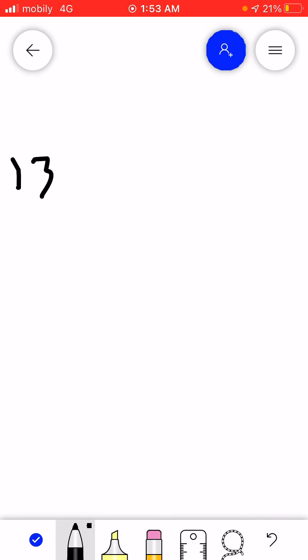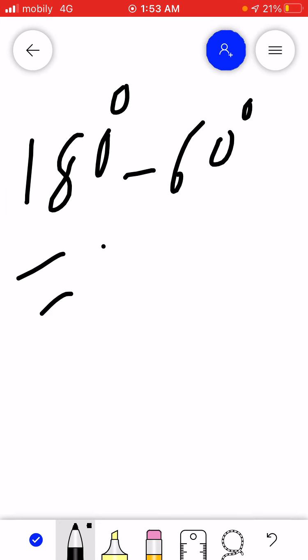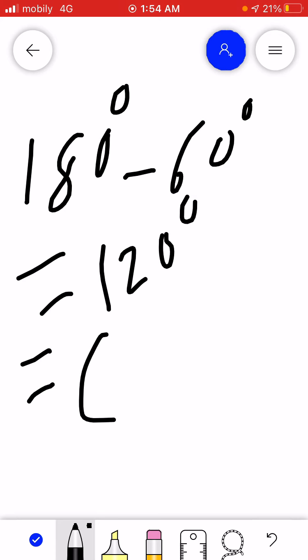What about the 60 degree? Well, how do we know what 60 degrees means? It's 180 degrees minus 60 degrees, so it's equivalent to 120 degrees in the second quadrant, which means we're going to have the opposite.